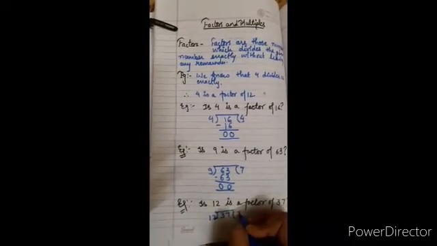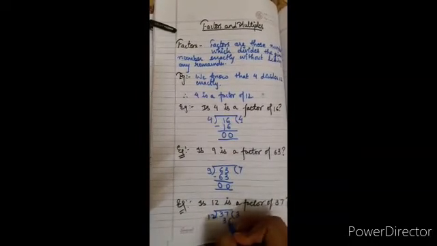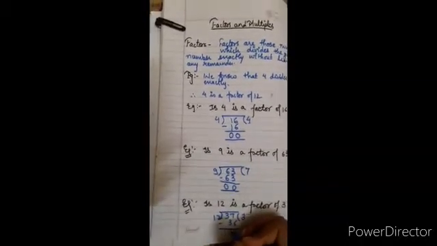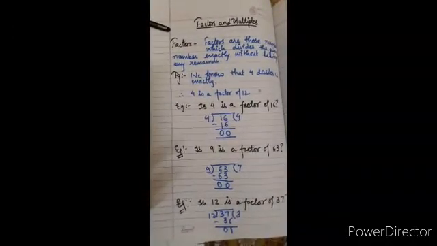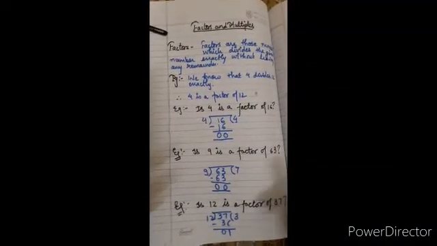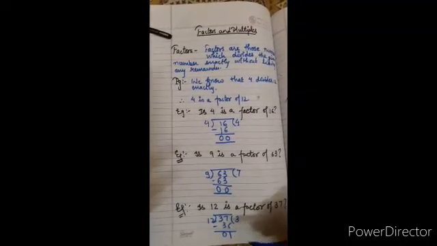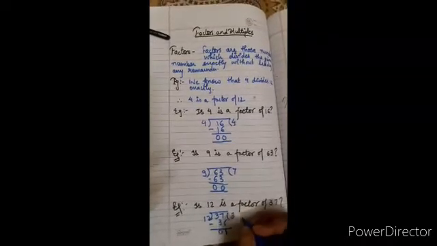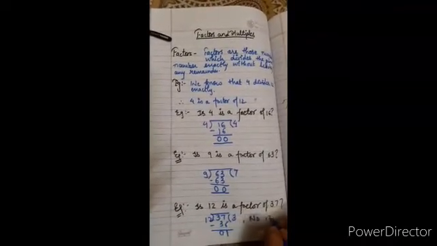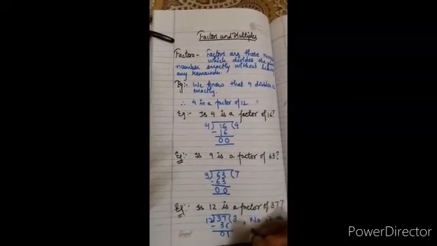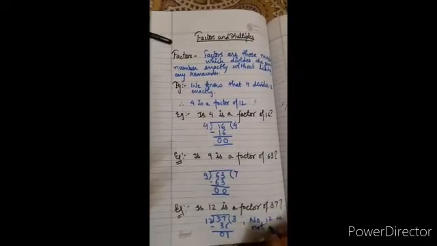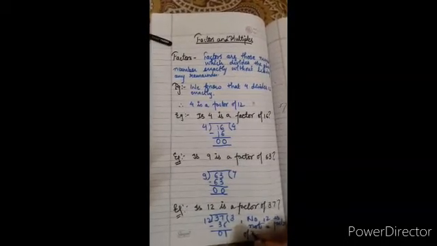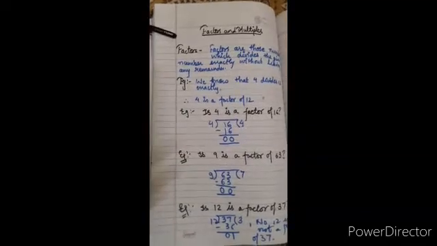So 12 threes are 36. We write 36. Now we subtract: 7 minus 6 is 1, 3 minus 3 is 0. So is 12 a factor of 37? No, because there is a remainder. 12 is not a factor of 37.